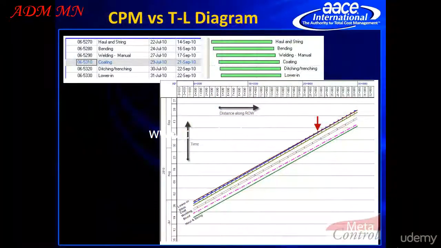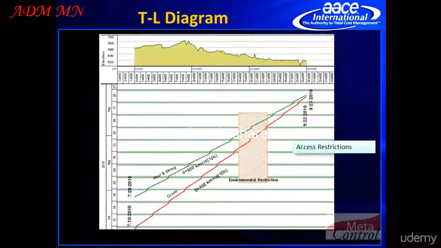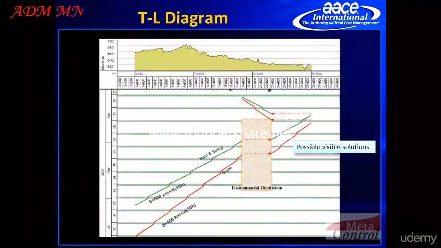This is the representation of a Gantt chart versus a time-distance diagram. You can have many interpretations for the Gantt chart. Instead, the time-location diagram has many representations, each one with its own interpretation. We can represent restrictions on these diagrams and achieve a solution.